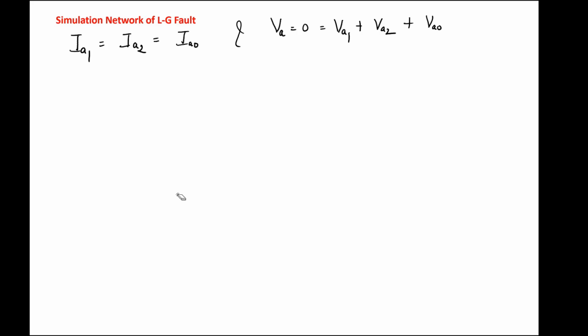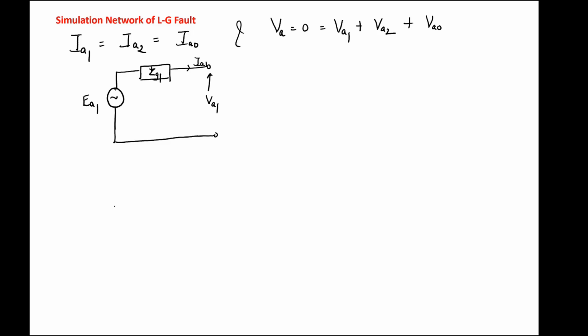First, what are the sequence networks? The positive sequence network of the alternator is this one, where this is EA1, ZG1, IA1, and this is VA1.